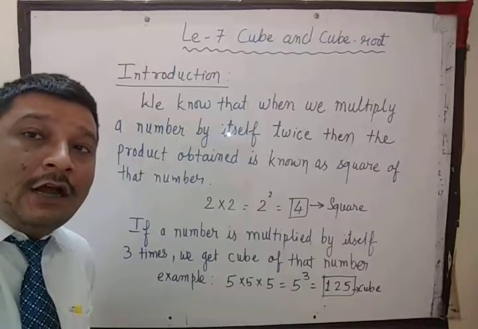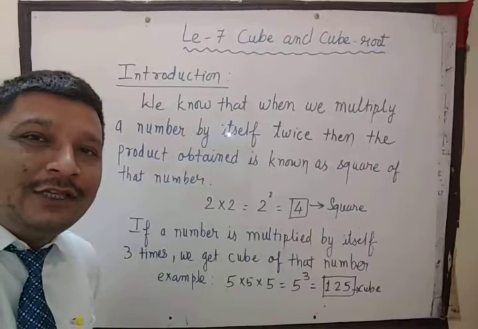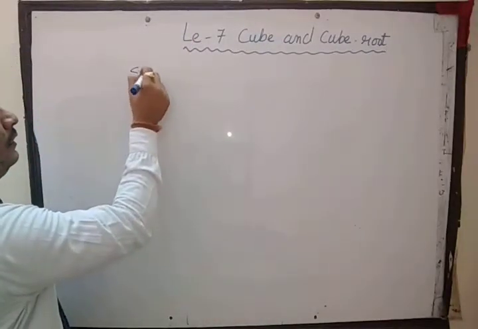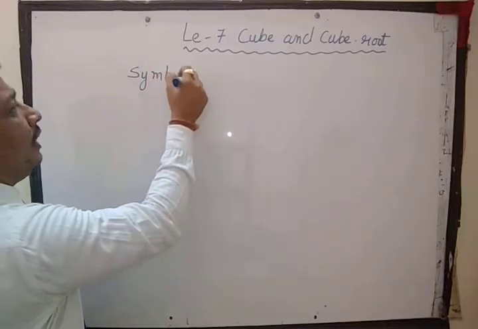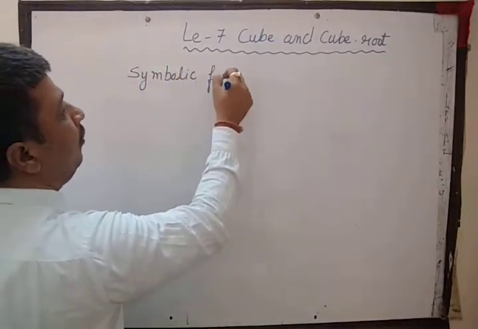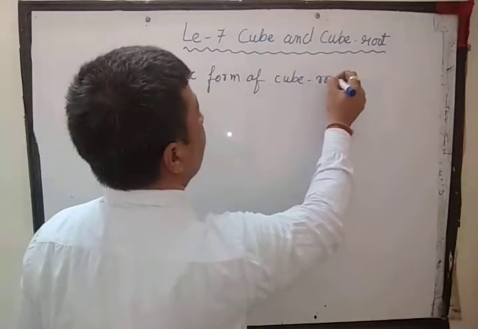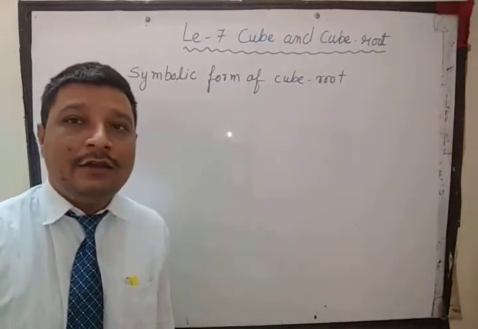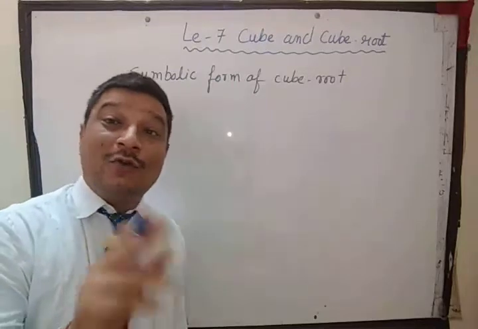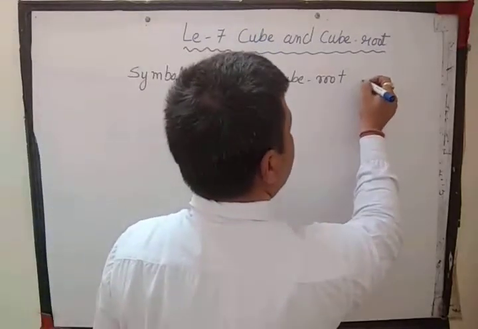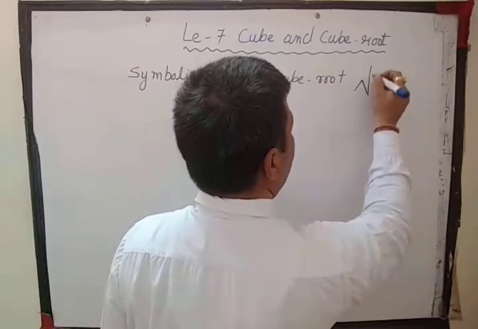Okay, now we proceed further. Something more for it: the symbolic form of cube root, something quite similar to square root. Square root used to be written like this, a radical sign.